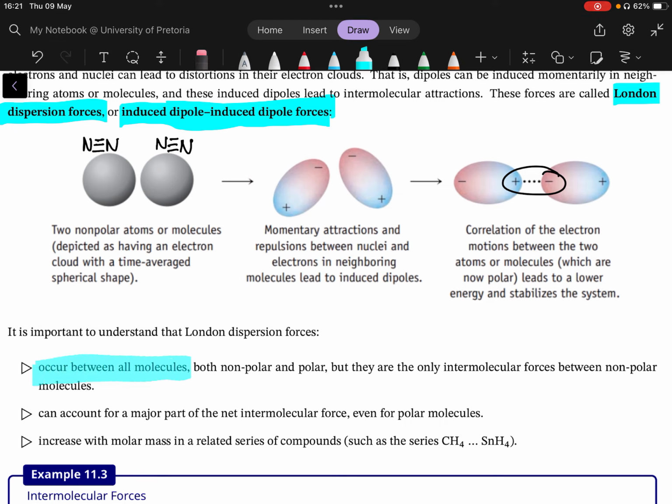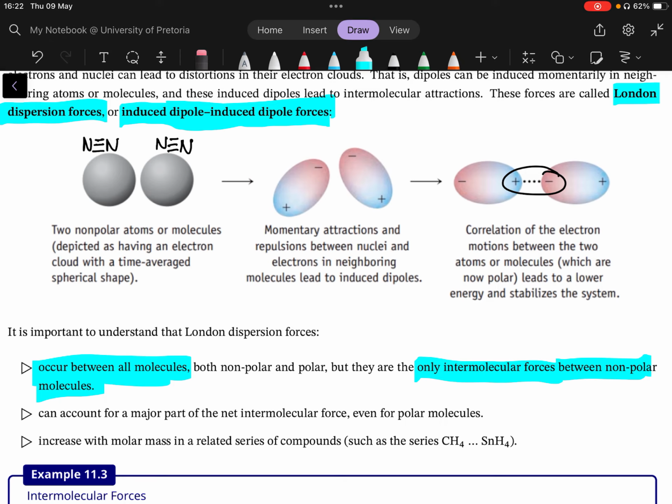It means all molecules must actually have London dispersion forces. The only thing is, for non-polar molecules, they are the only intermolecular forces. They are also present in polar molecules, but polar molecules can also have dipole-dipole or ion-dipole interactions.